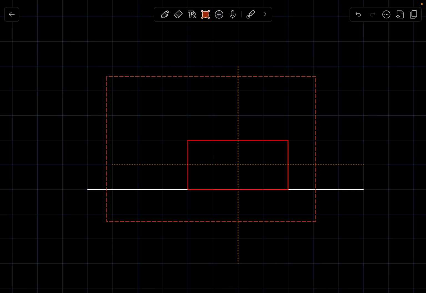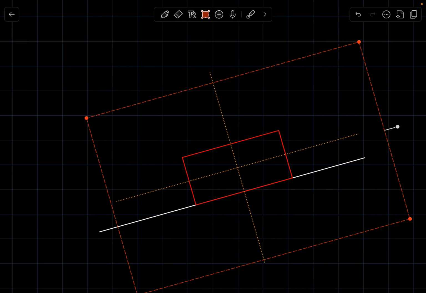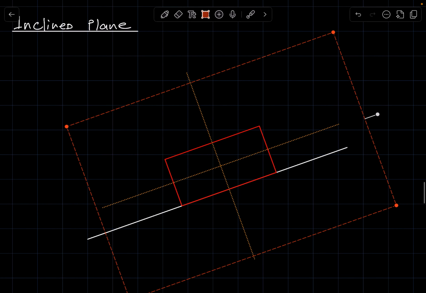I want you to take note of what happens to the Cartesian plane as we move this plane to becoming an inclined plane.